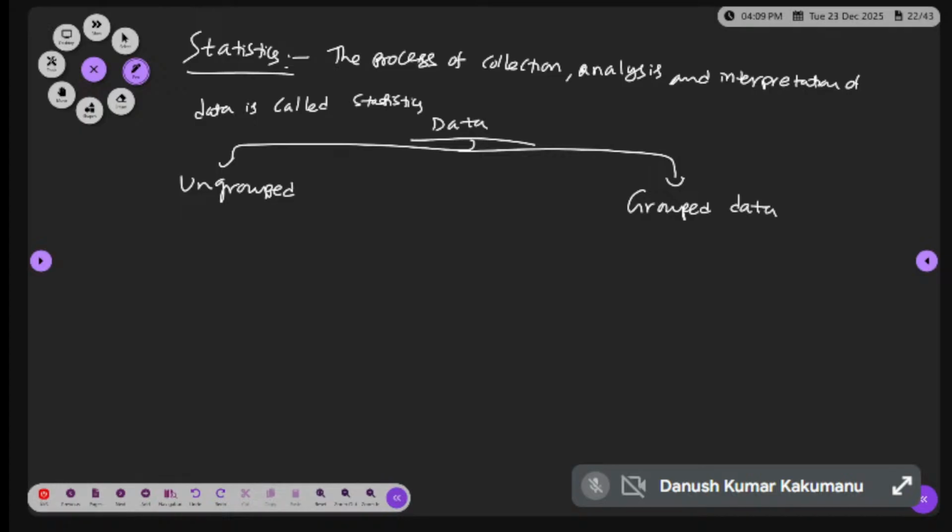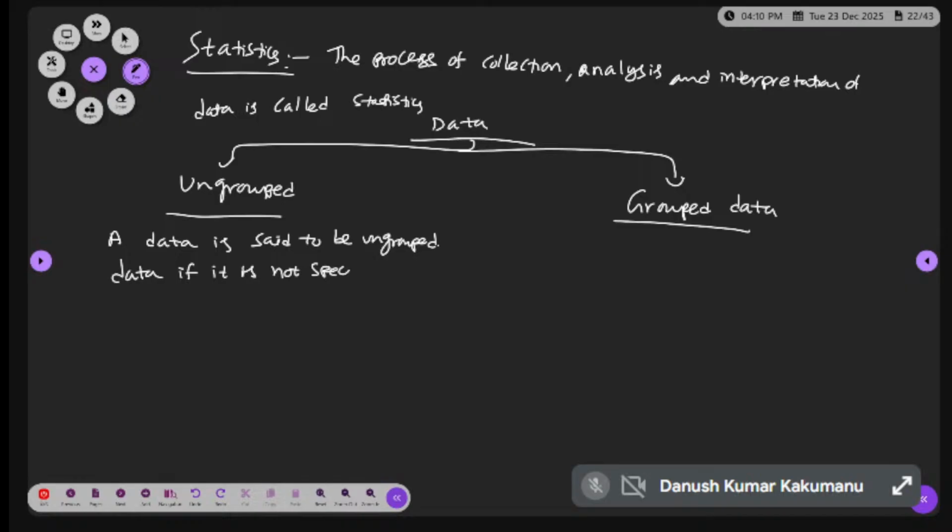Data is of two types, ungrouped and grouped.